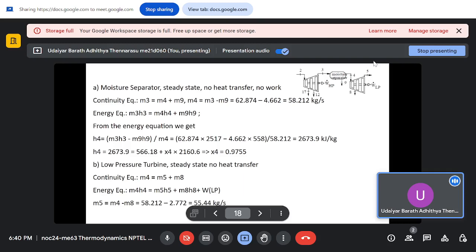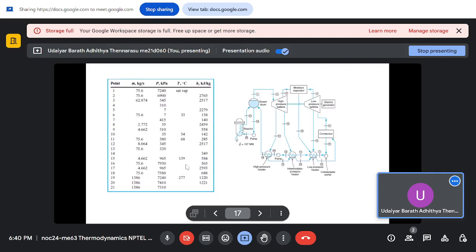For the energy balance, M dot 4 H4 will be equal to M dot 5 H5 plus M dot 8 H8 plus the work done. We have already calculated state 4. The other unknowns are M dot 5 and M dot 8.